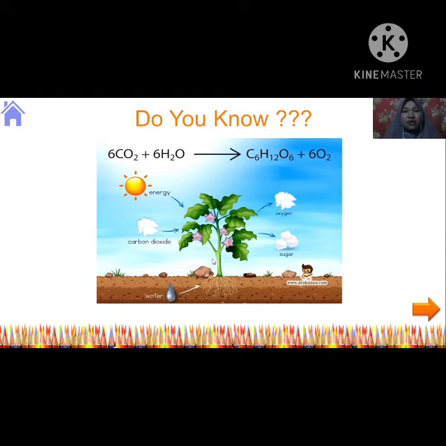So we can conclude photosynthesis is an application of equilibrium reaction in everyday life. So we must know that in our everyday life there are applications of equilibrium reaction. An example is photosynthesis.